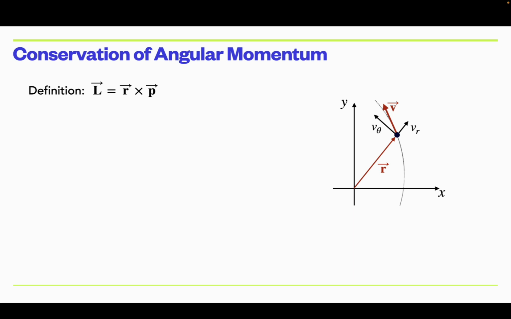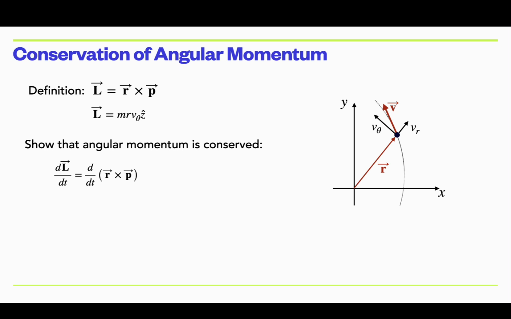One final derivation. We want to look at angular momentum of an object and show that it must be conserved if you have a conservative force acting.